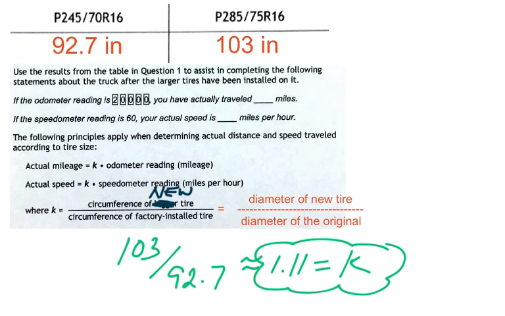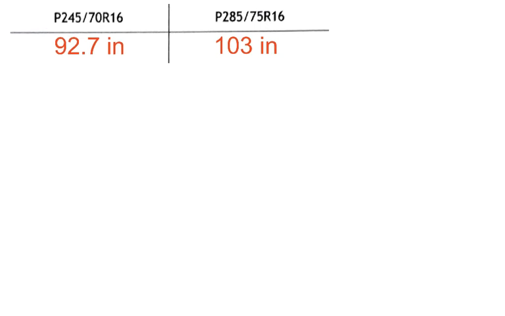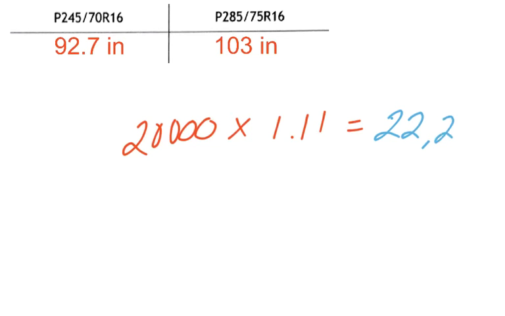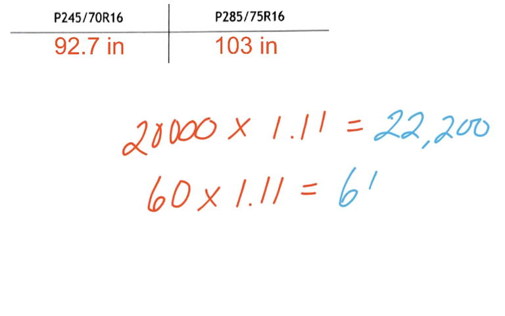So to find the odometer reading, we have got to do 20,000 times 1.11, and that's going to give us 22,200 miles. And then we're going to take our speed of 60 miles per hour times 1.11, and that's going to give us 66.6 miles per hour.